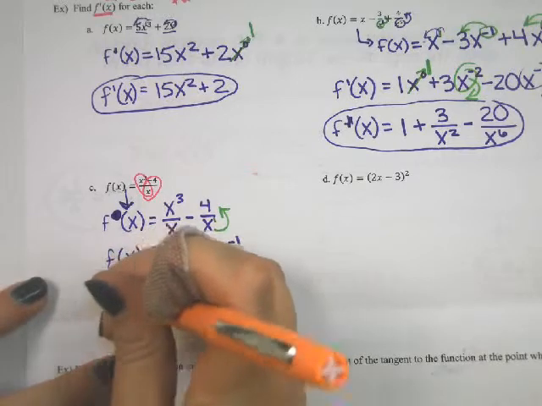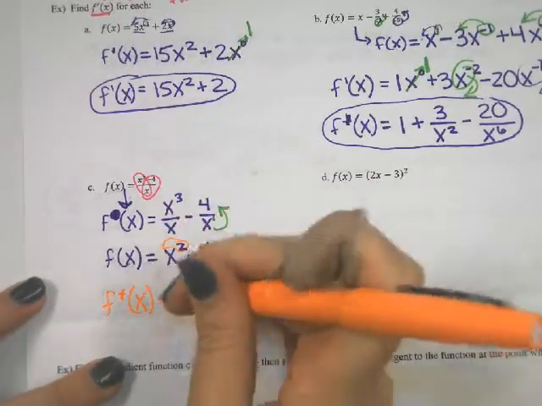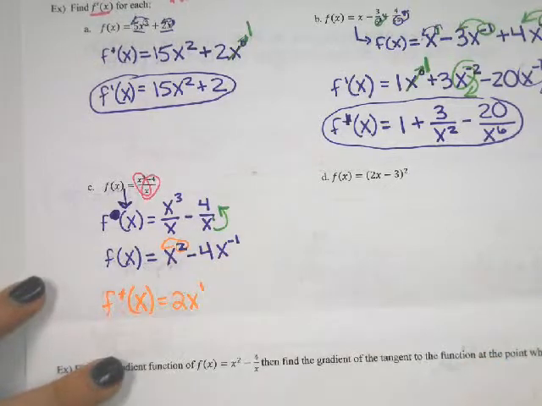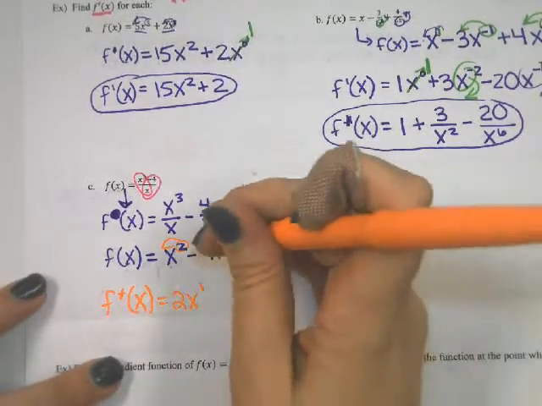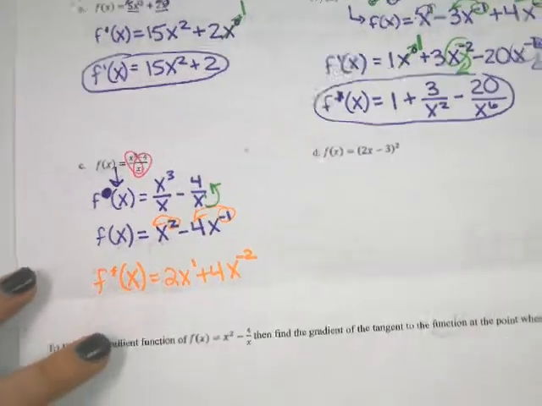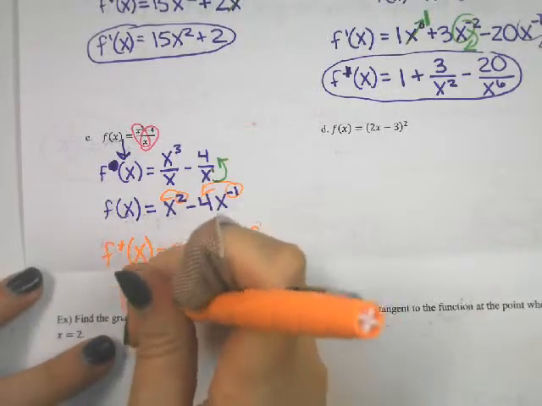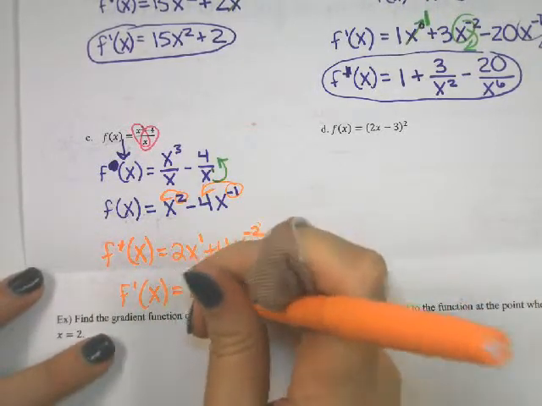So we can do our derivative function. We drop the power to the front, decrease the exponent by 1. Drop the power to the front, decrease the exponent by 1. The best way to rewrite a negative exponent is to flip it and make it positive.